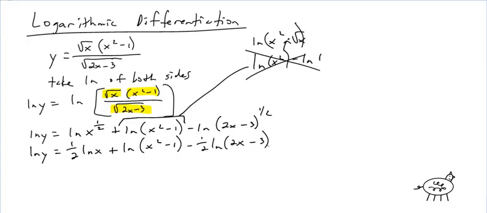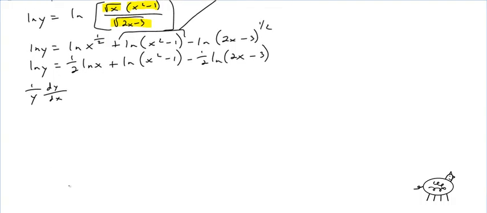Okay, now I can take the derivative, so I get 1 over y dy dx. I'm going to run out of a little room, so I'm just going to keep cursoring down here. 1 over y dy dx is equal to 1 over 2x, right? The derivative of ln of x is 1 over x, plus 2x over x squared minus 1, right?